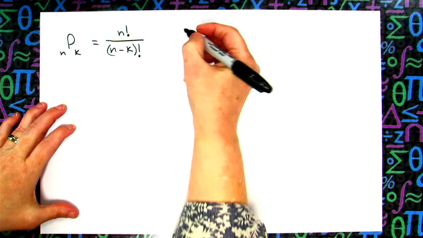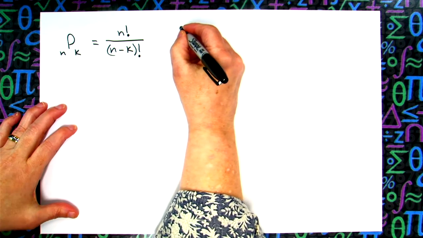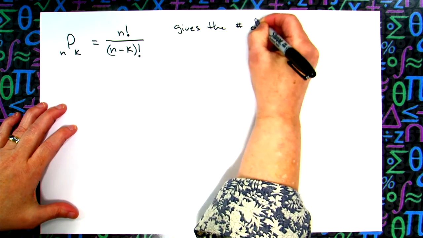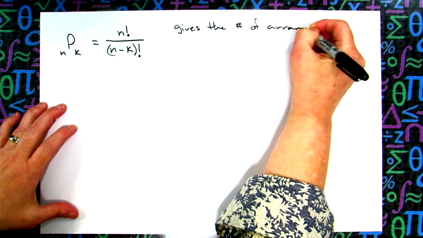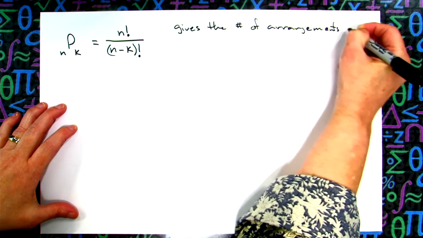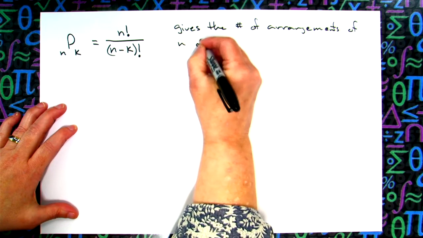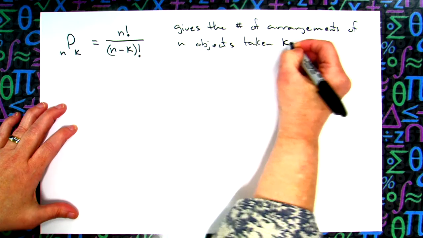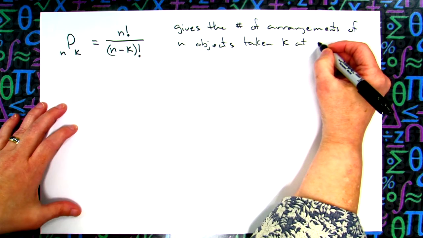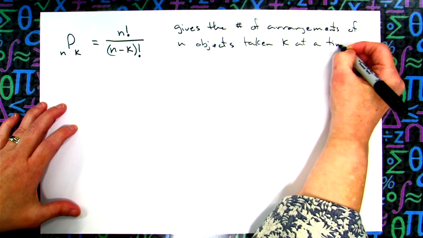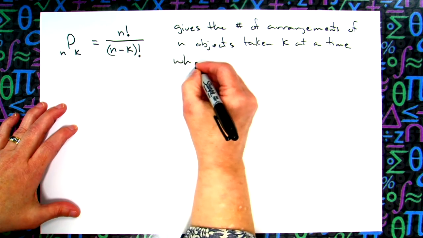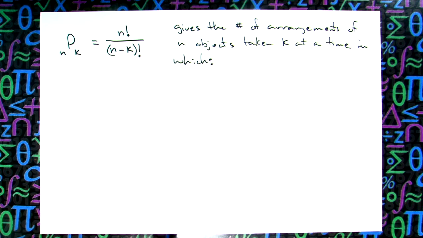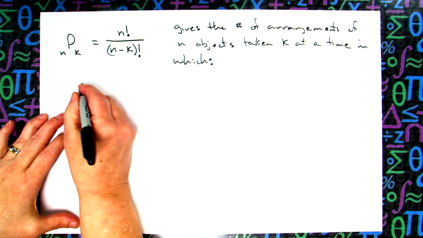This formula gives the number of arrangements of n objects taken k at a time, in which the following things are true. So I'm going to list them down here.